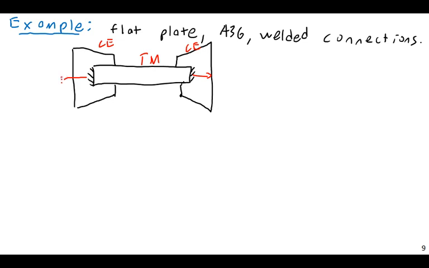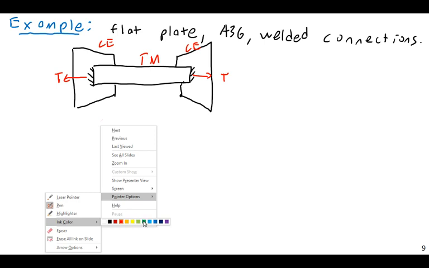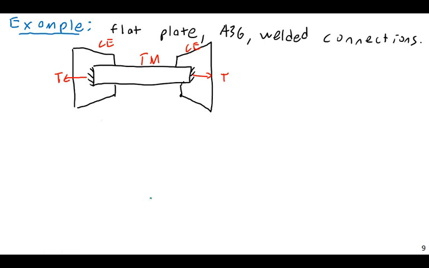And let's say there's a certain tensile load T applied, and let's say this is 50 feet long. So we have a 50-foot long plate, big old thing. I don't know why you would build such a thing, but I suppose you could if you were inclined.